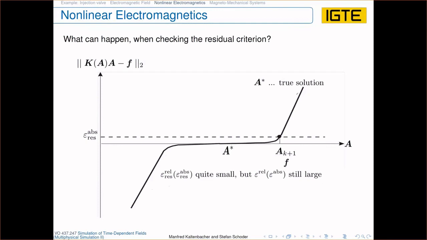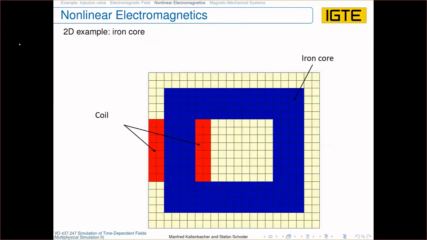Well, then it could be the case that the residual error is quite small, but you are still far away between your current solution, a_{k+1}, and the correct true solution, a star. And that is why I always advise, please use and check both error criteria, and you are on the safe side.